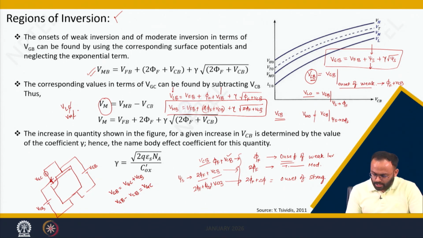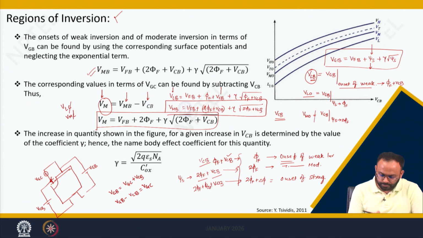Will come in the next slide, these values will come up. So it's clear that when you are measuring the voltage with respect to the C terminal, these quantities can be referenced as VM, VL, VT, etc. So here VM is nothing but VMB minus VCB. Ultimately you are subtracting this VCB, and this will give you the value of VM.